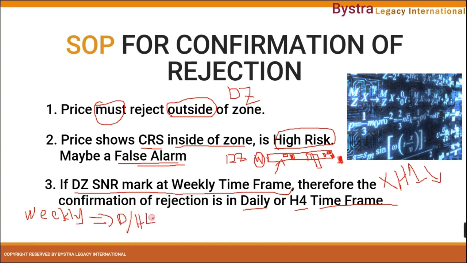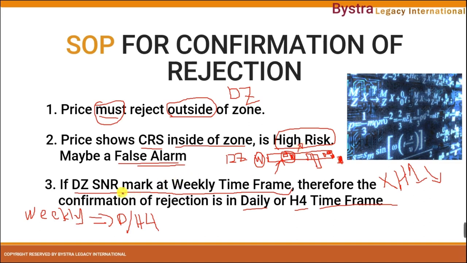So I cannot emphasize this even more. Remember guys, price must reject outside of the danger zone. The CRS have to show outside of the danger zone, meaning the candlestick has to close outside of the danger zone, not inside the danger zone. Like this, it is very high risk.